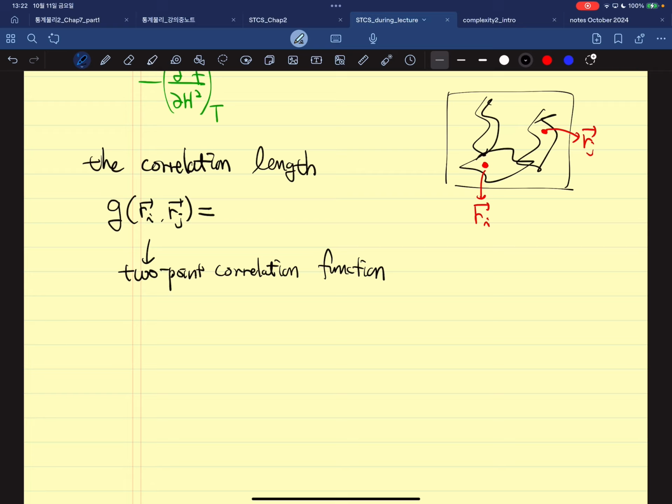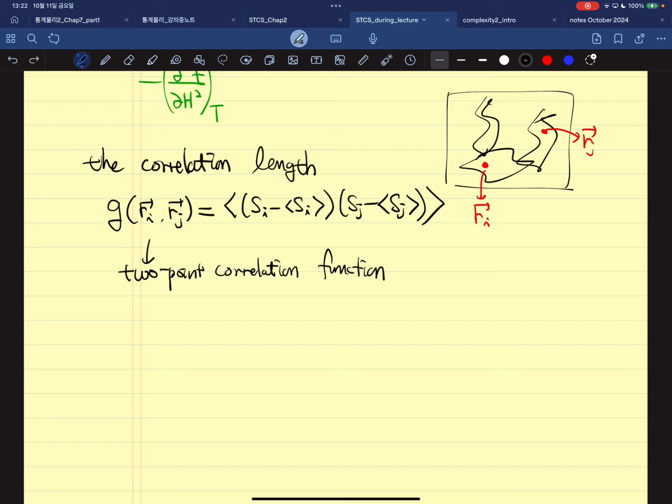And perhaps it's easier to understand by explicitly writing down this form of the correlation length, like this: average of Si and Sj minus average of Si times average of Sj. We need to be really careful about this average term.